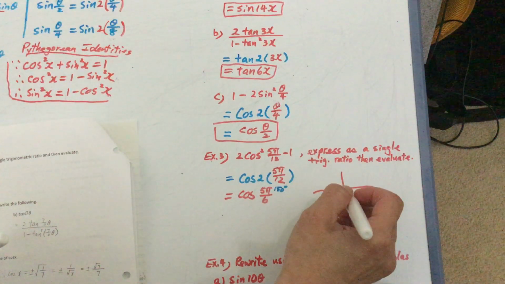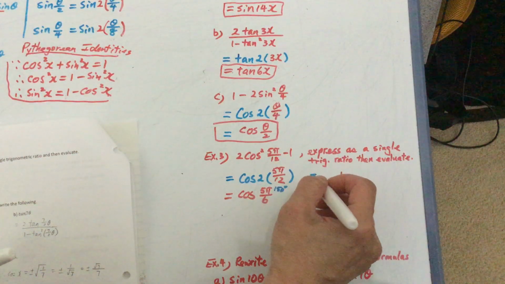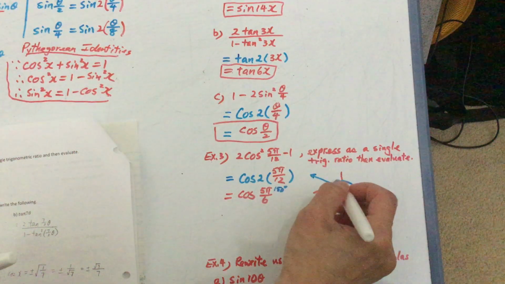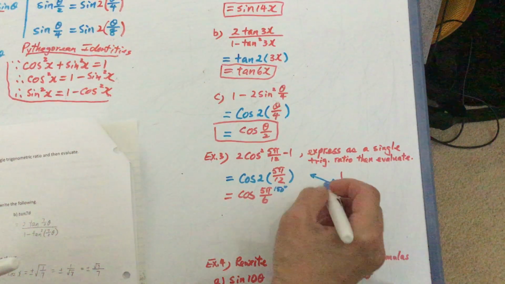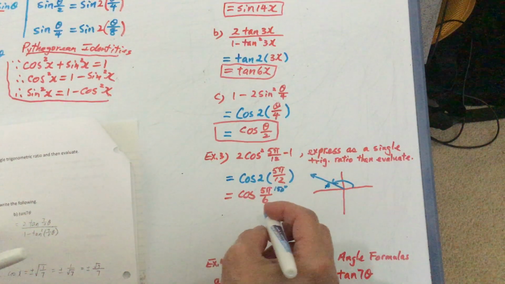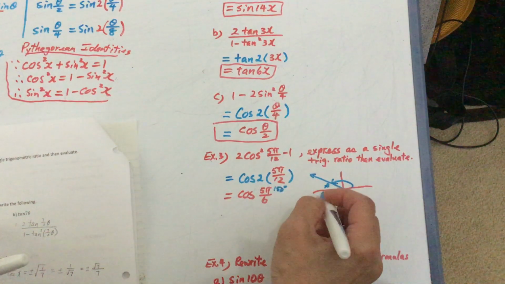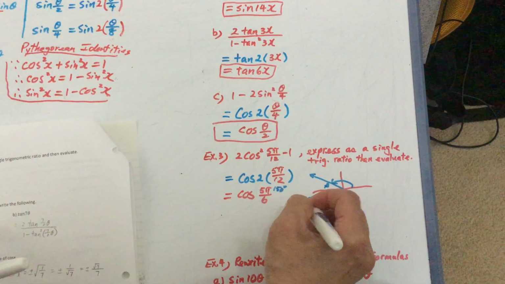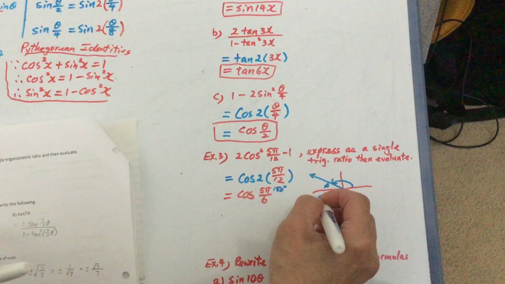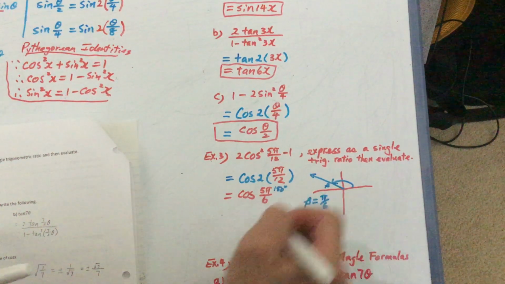And you know that 150 degrees is going to be in quadrant 2, the terminal arm is in quadrant 2. So the related acute angle is going to be the 30, so it's pi over 6.